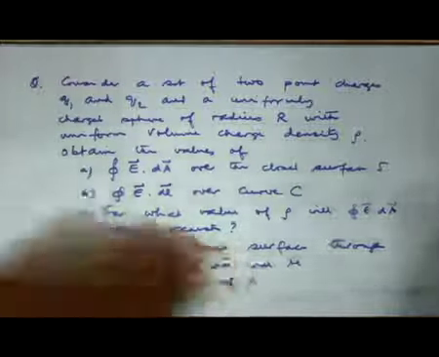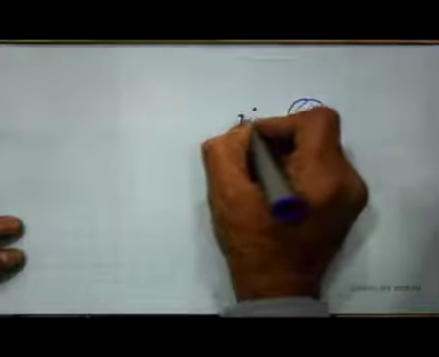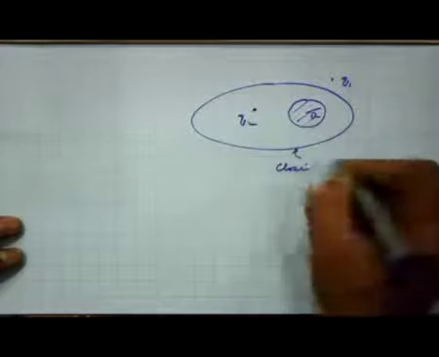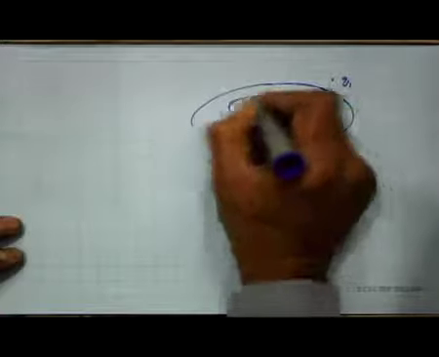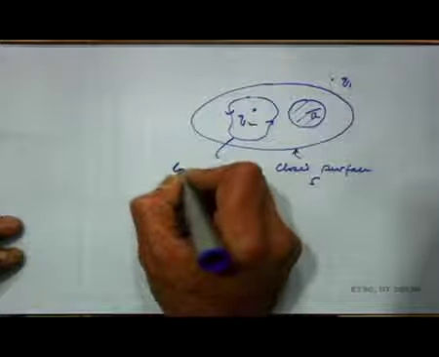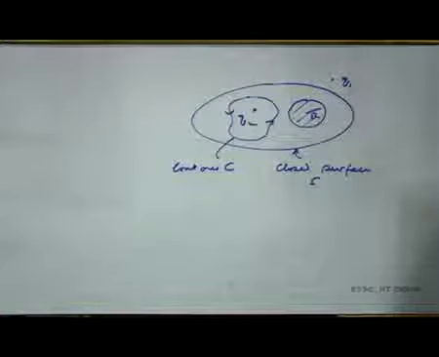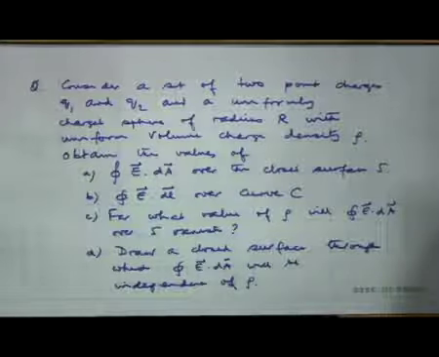So, the figure is as follows. You have a spherical charge distribution of radius r, and you have another point charge q2 and a point charge q1. That is my closed surface S, and that is my contour C. So, the first thing is, what is the value of integral E dot dA over the closed surface S?